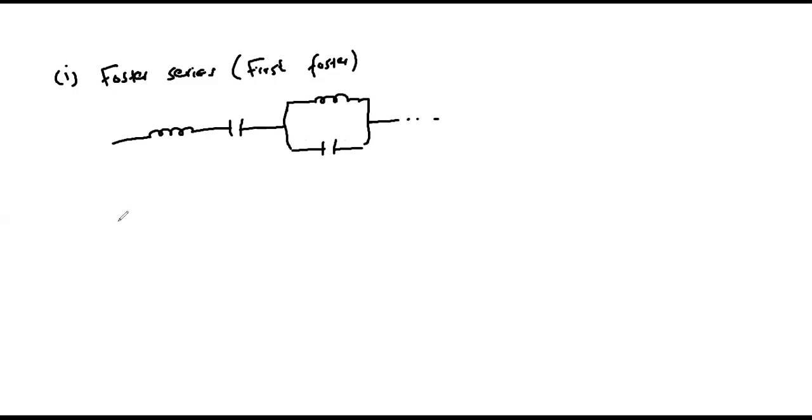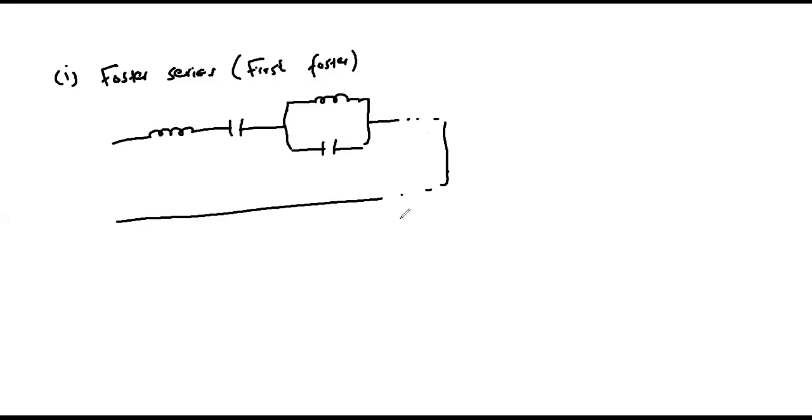And therefore, our network will look like that. All the components are in series. If you have a parallel combination of an inductor and capacitor, it is in series with the entire network. And this would constitute what we call a fast Foster network.